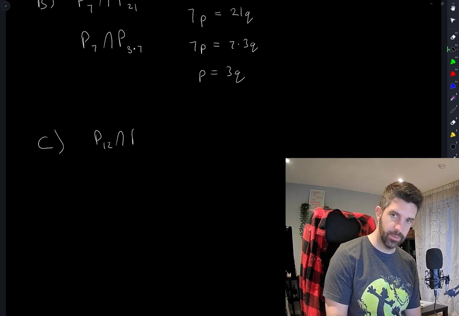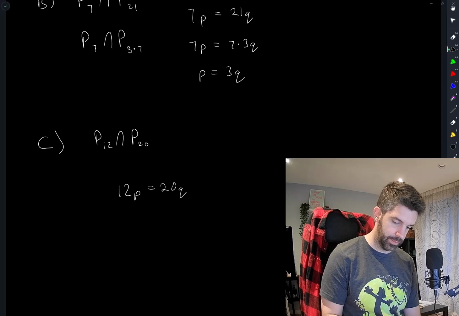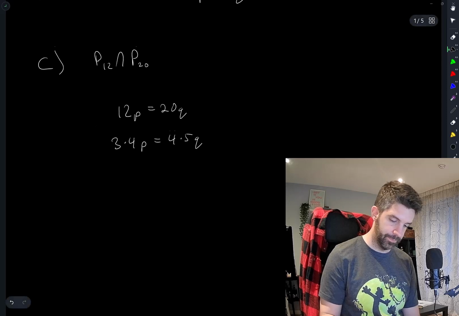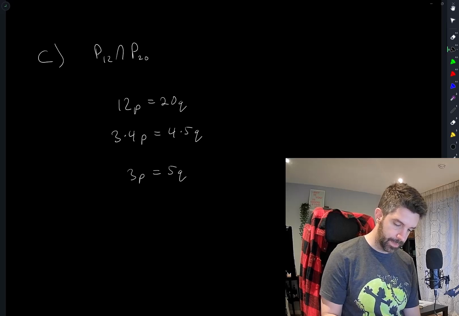P12 intersect P20. So I need 12p to equal 20q. This is 3 times 4p is equal to 4 times 5q. 4 cancels, and I have 3p is equal to 5q, and I can solve this, right? P equals 5, Q equals 3.